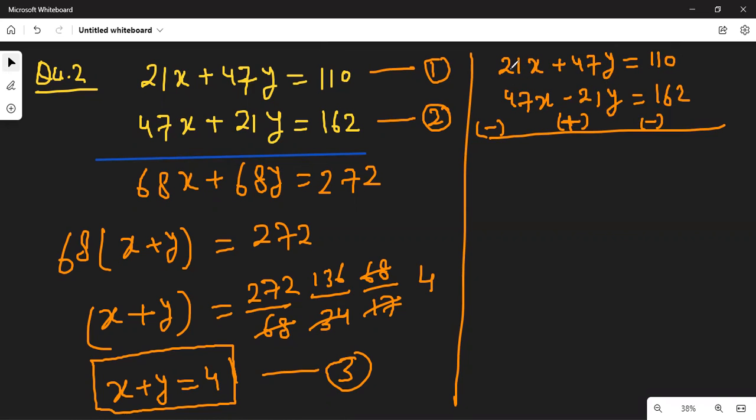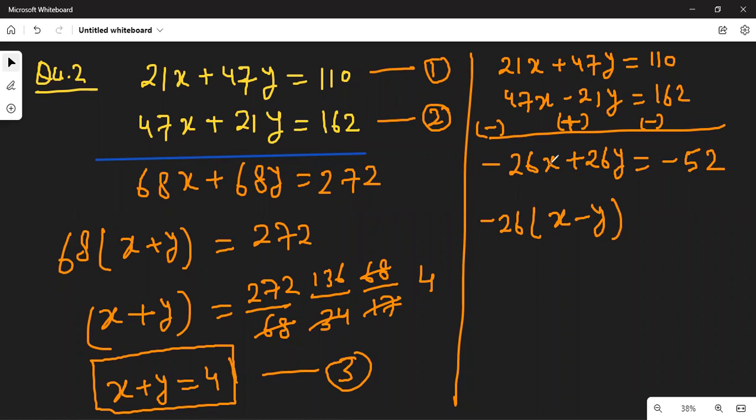Subtracting, see the negative number is bigger, so you'll have a negative sign. 21 minus 47 should be negative 26x. All right. And here, 47 minus 21 is 26, positive y. Negative of 110 minus 162, that is negative 52. Again, we'll do the same thing. Take negative 26 common, and we get x minus y.